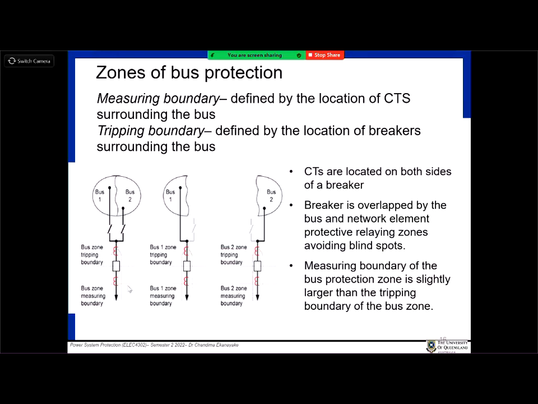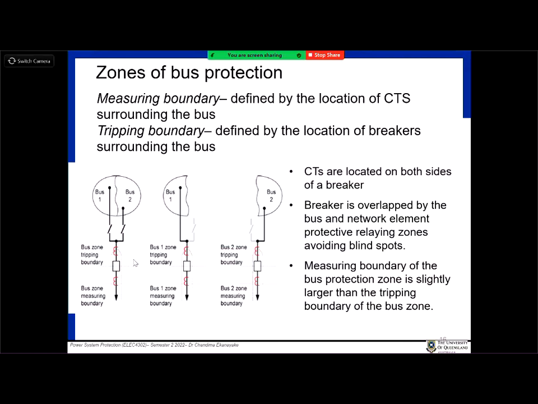In this particular case, bus zone measurements are done on these ones, not using these CTs. You have other CTs, definitely, just before the circuit breaker as well. If you know that the issue is in this circuit breaker, you can use these 2 CTs to identify it.